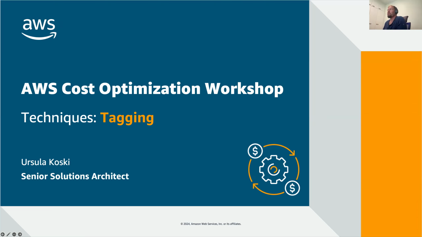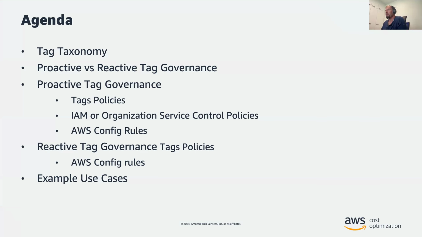I know we've talked about this on a high level, which is what you really need to know. And I think there's a few key points from the next slides that I'll tackle. So let's take the next slide. There's some proactive tagging governance that can be done.